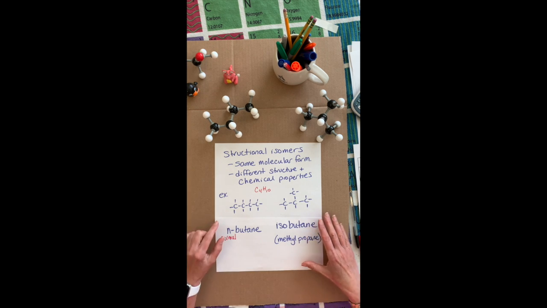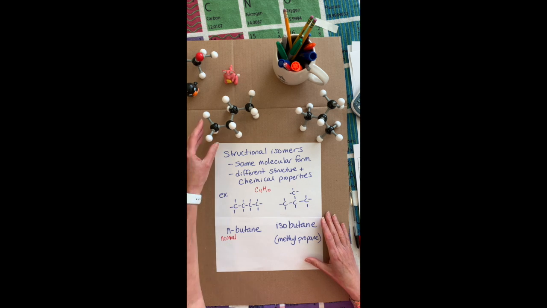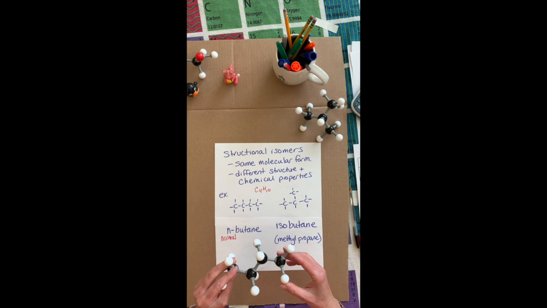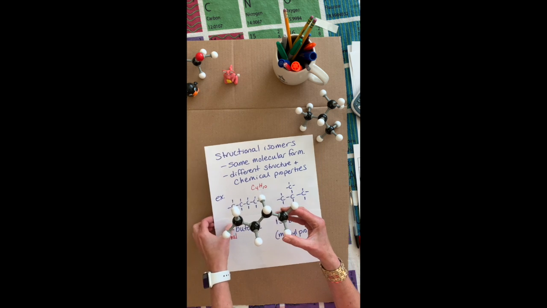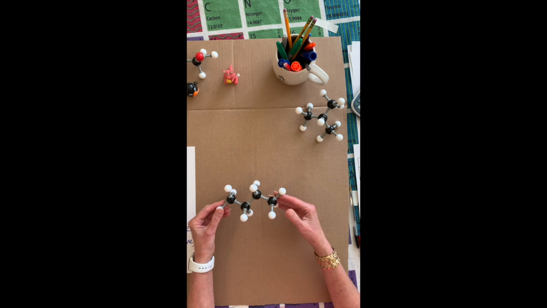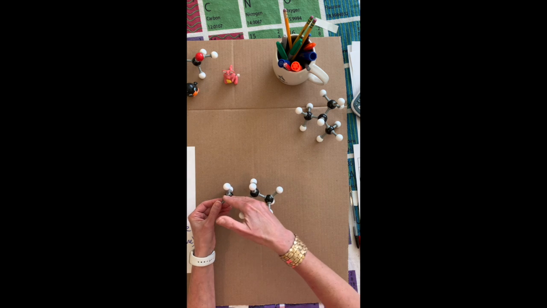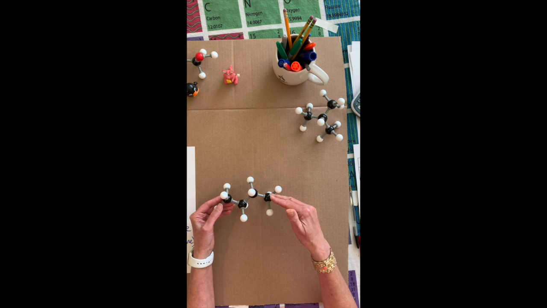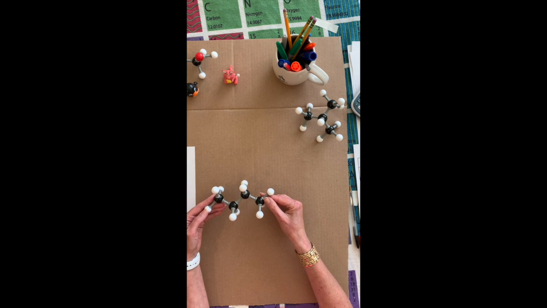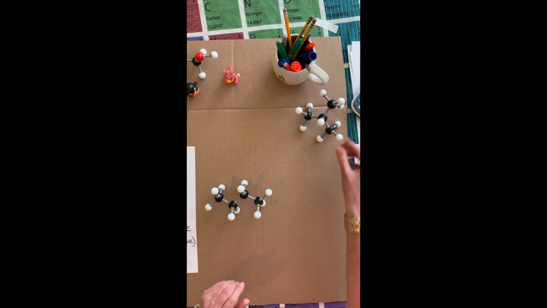A quick look at the structural isomers for N-butane using our ball and stick model would be useful here. And maybe I'll move this out of the way so you might have a better view. This is N-butane. So while it's not truly a perfect straight chain, right, a little bit of angles here, it is considered N-butane, straight chain version.